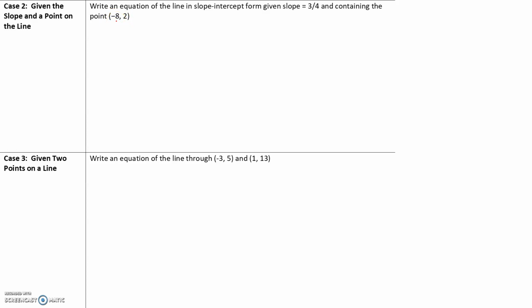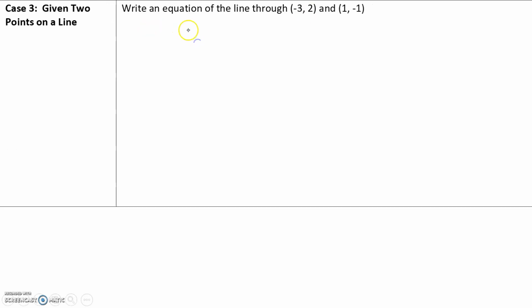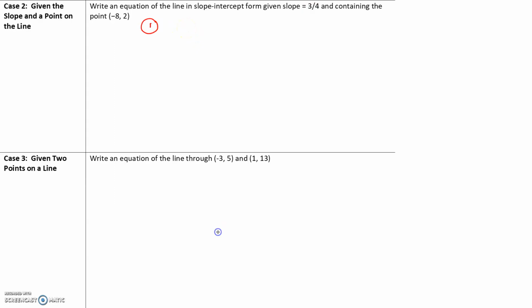So let's break this down by steps. Step number 1. We know what the slope is, so we're going to plug it in. Our equation is y equals mx plus b, but we know our slope is 3/4, so we're going to replace the slope m with 3/4. So we have 3/4 x plus b. Step number 2.